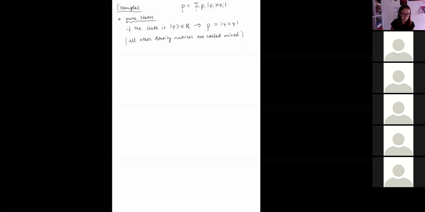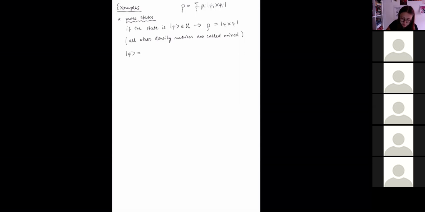So now maybe let us do an example. Suppose we're looking at the state psi, which is 1 over square root of 3 times ket 0, plus square root of 2/3 times ket 1. And suppose that we're looking at the state of a qubit, right? So how to calculate the density matrix?